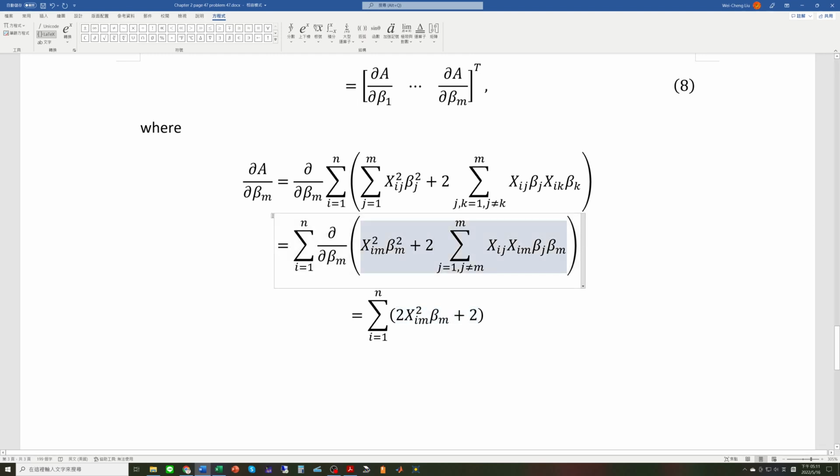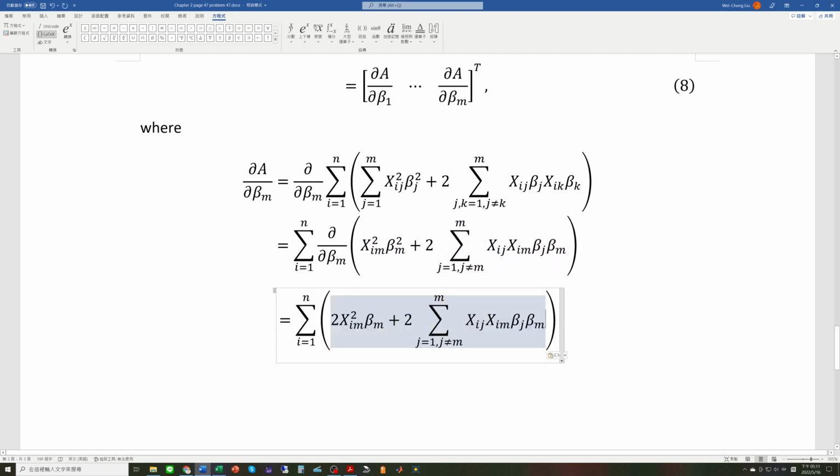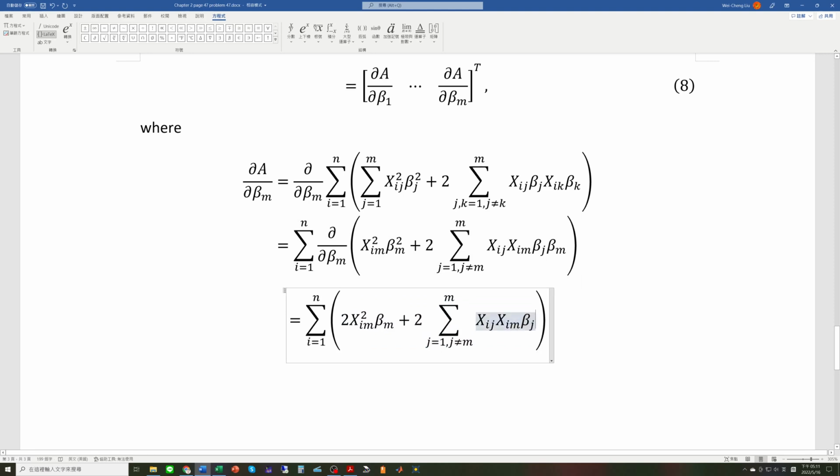This term, 2 times this term, and take the partial derivative with respect to beta m. So beta m will disappear, and its coefficient will remain. So it is summation j is equal to 1 to m, j is not equal to m, xij xim beta j.